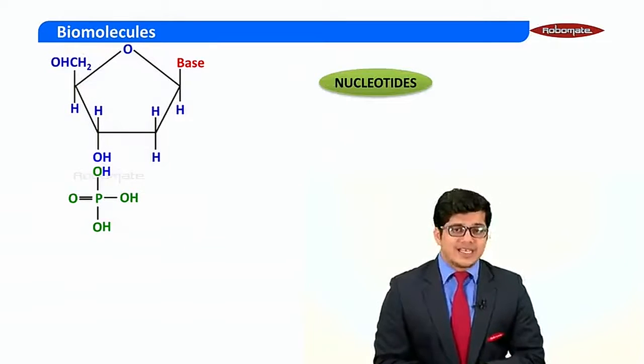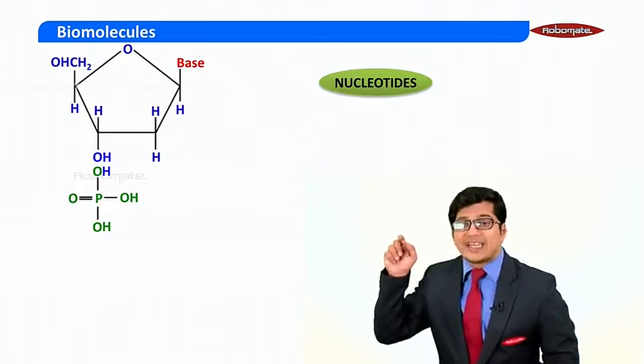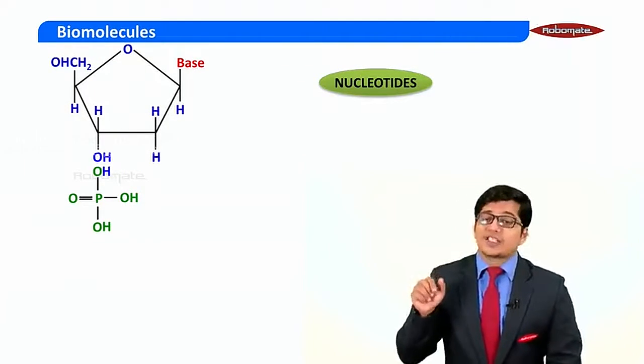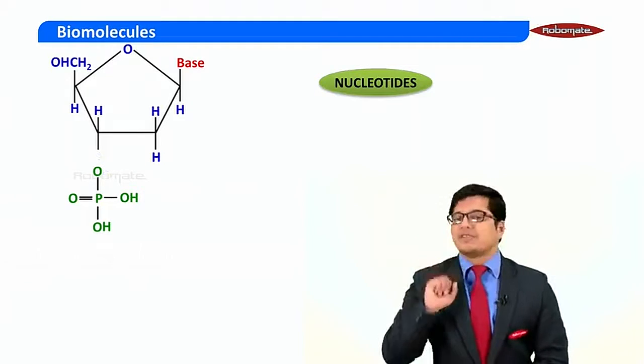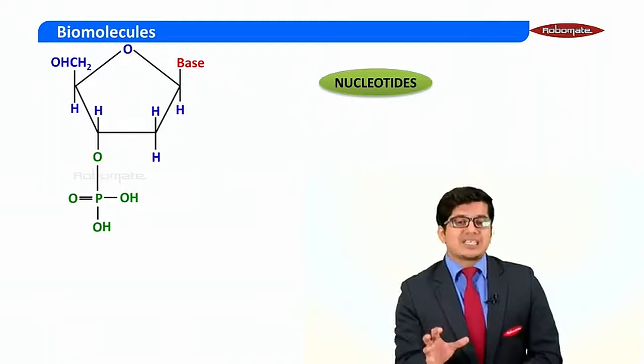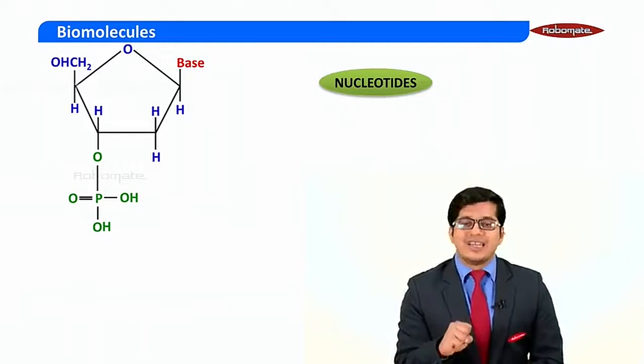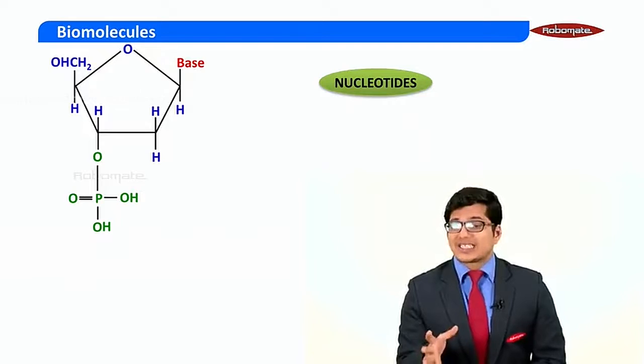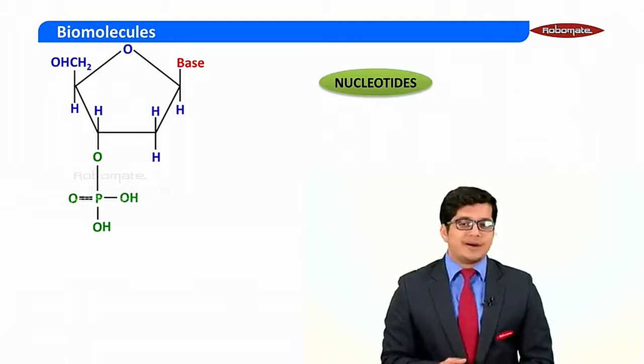Now what happens is that from the phosphoric acid an H is lost, and the OH from the third carbon atom is lost, giving us a bond similar to a glycosidic linkage. But in this case it is P double bond O, remember.